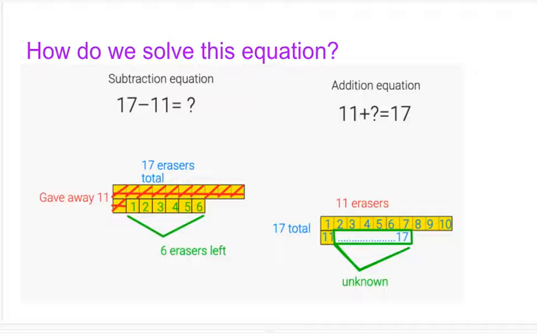Then you're putting up your finger. 12, 13, 14, 15, 16, 17. Stop. How many fingers are you holding up? Are you holding up 6? Great. I'm holding up 6 too. 11 plus 6 equals 17. So we know that Mr. Lai has 6 erasers left.